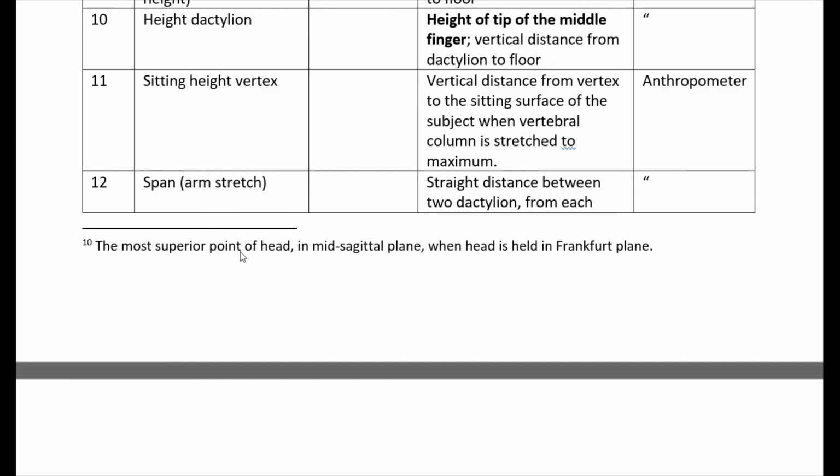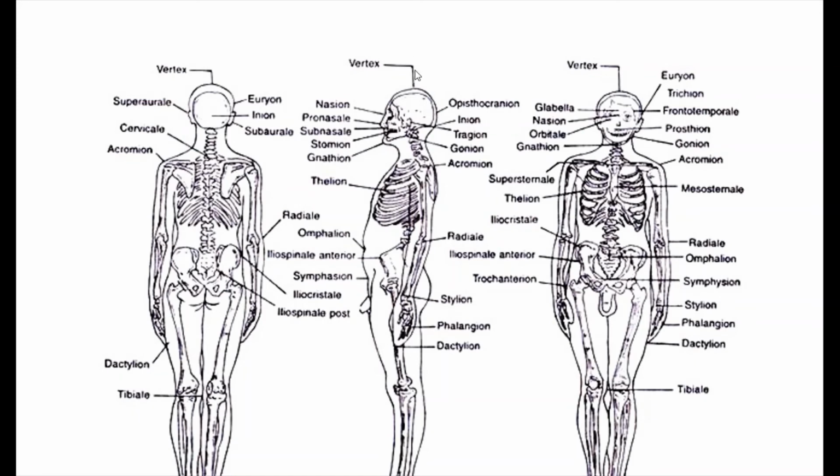Do not forget to mention the Frankfurt plane, because it is very important. Firstly, you orient the subject's head, and only then you take the measurement, right? Now here in this figure, you can see where exactly the vertex lies. Firstly, you have to see whether the ear plane is oriented or not.